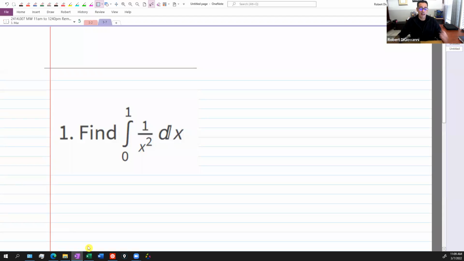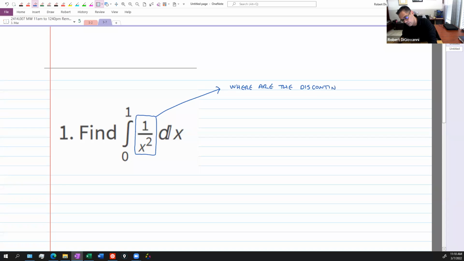So here's the way I like to do these, okay? This is just my personal preference on these. What I do first is I look at the integrand, and I ask myself, where are the discontinuities? Well, to me, I look at that and it's pretty obvious that I can't plug 0 in there, right? I can't plug 0.